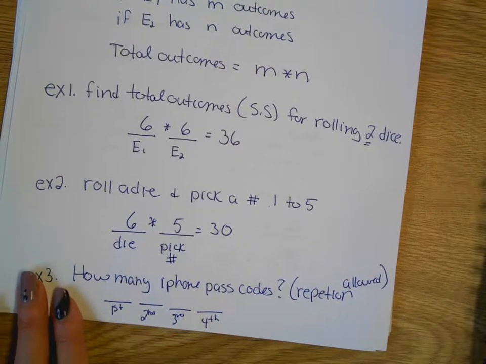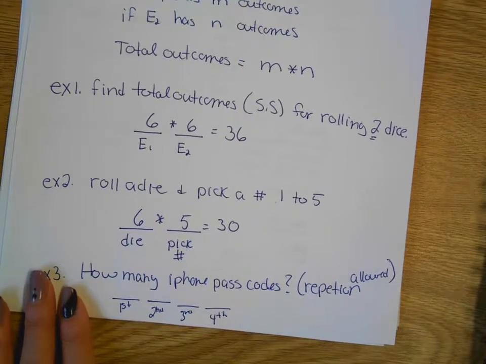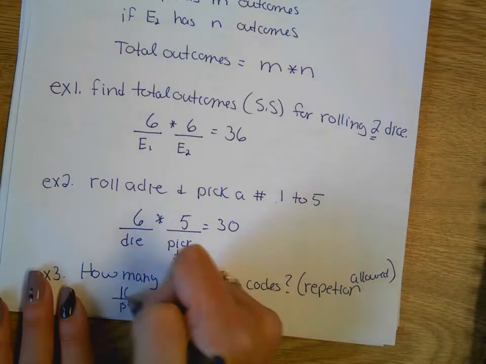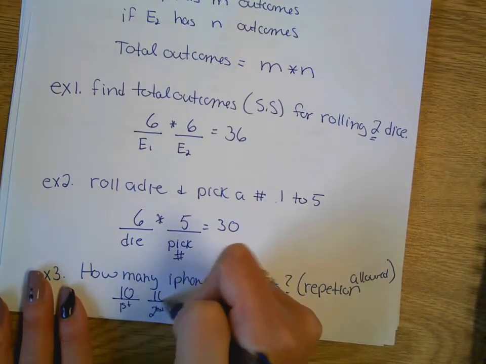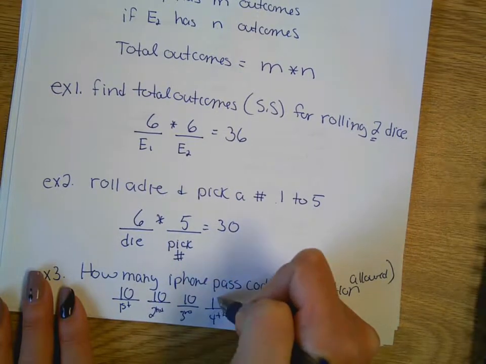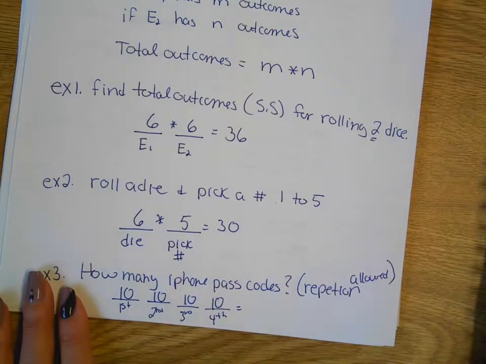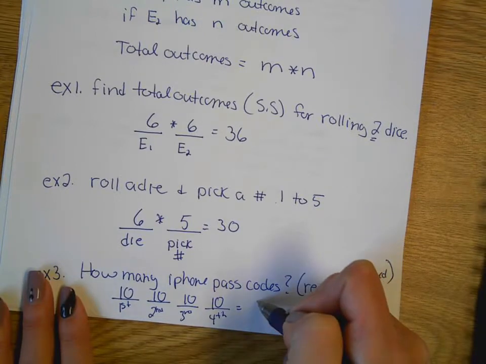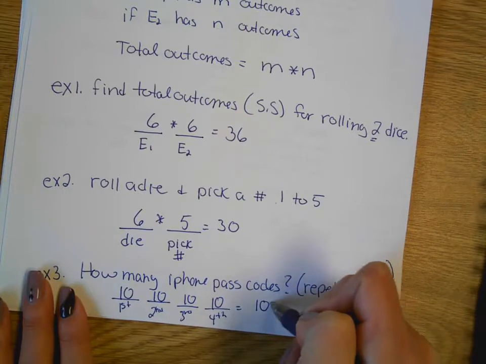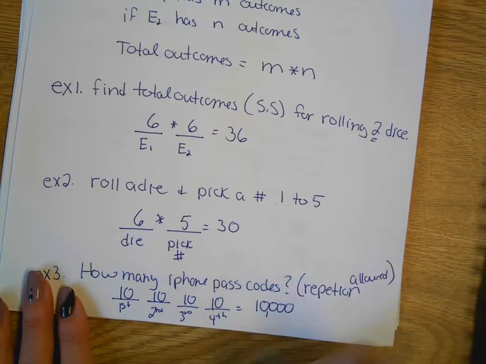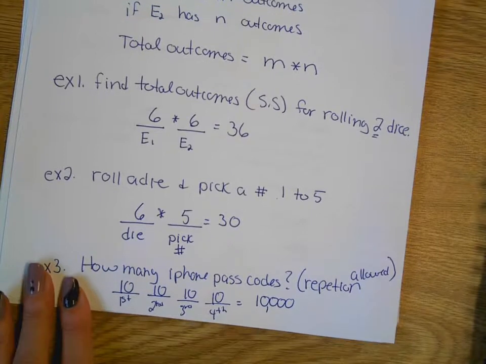How many options are there for each part of the experiment? 10, because we get to repeat the numbers. You've got 0 through 9, that's 10 choices. So 10 times 10 times 10 times 10, a 1 with 4 zeros, is 10,000 different codes.